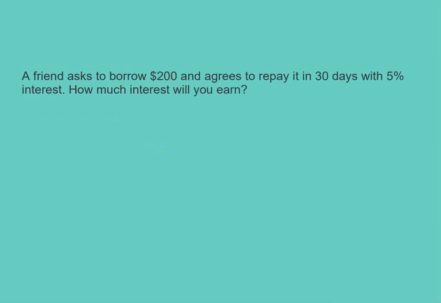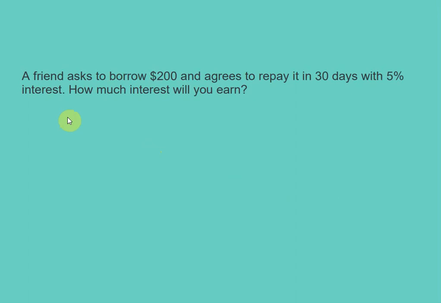To know which of those two formulas you need to use, you're going to have to see what is being asked. In this example, it says a friend asks to borrow $200 and agrees to repay it in 30 days with 5% interest. How much interest will you earn? So the question is only asking for the interest, not the total amount that needs to be repaid.